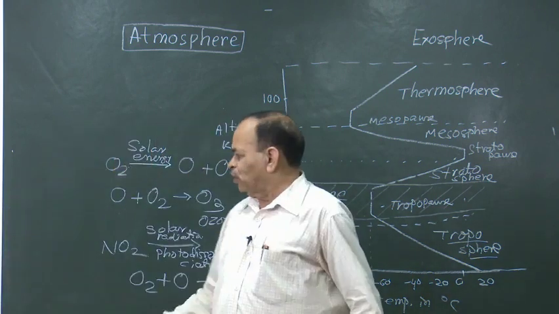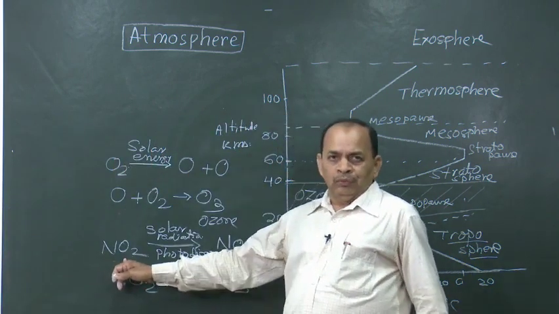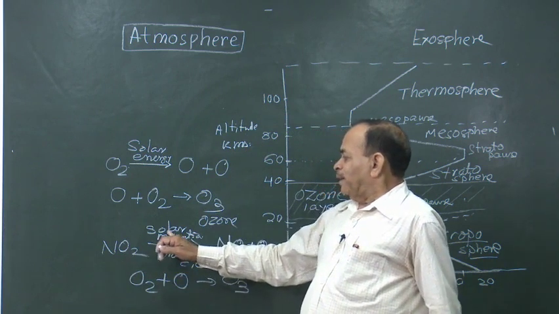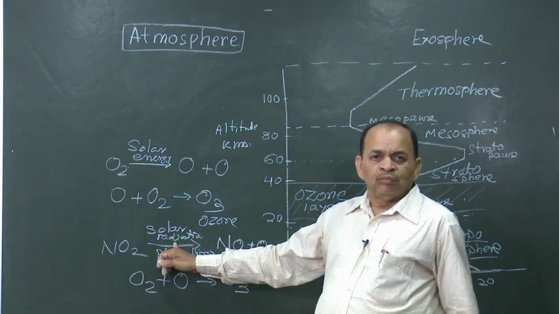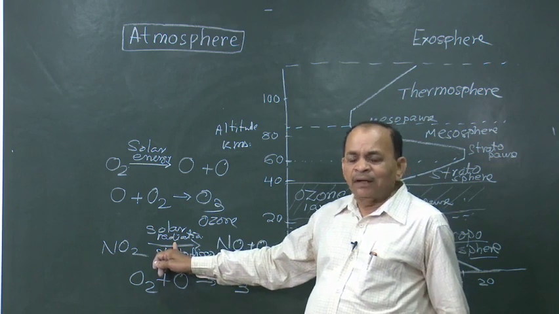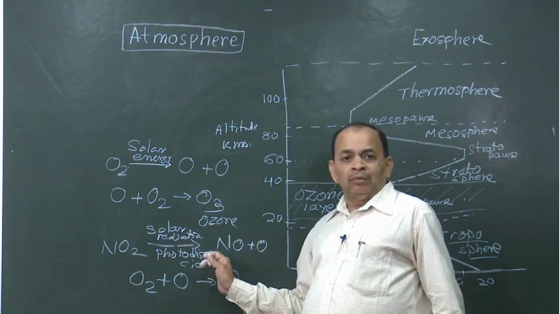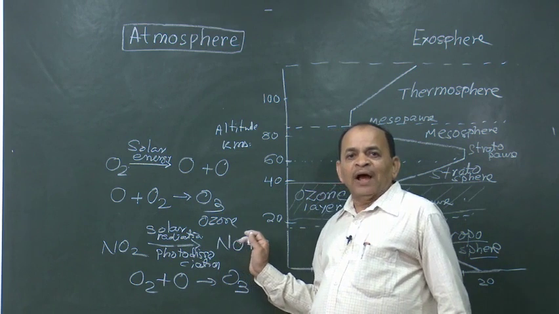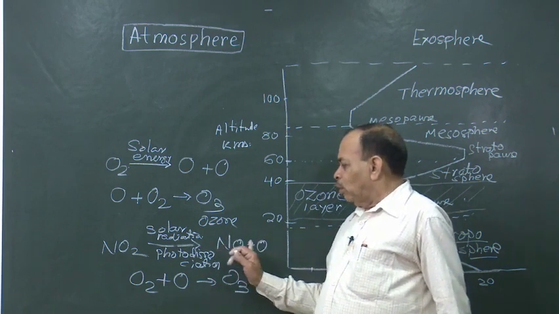Here you can see NO2, by solar radiation it separates, an oxygen atom is separated. So, NO, nitrogen oxide, is formed plus atomic oxygen, NO and O.